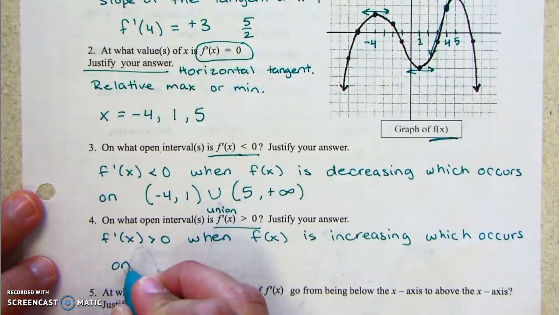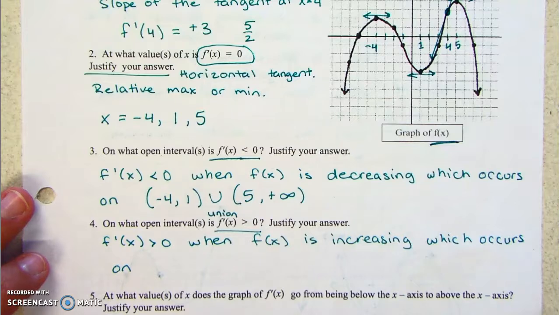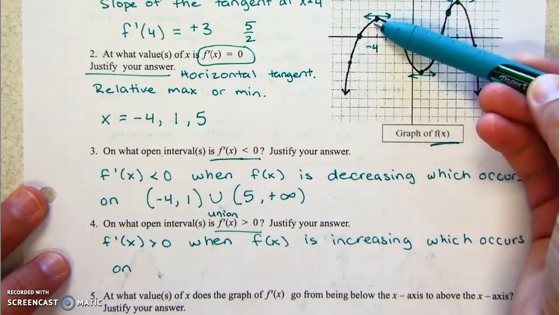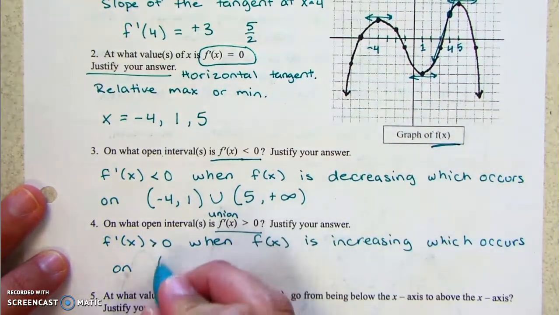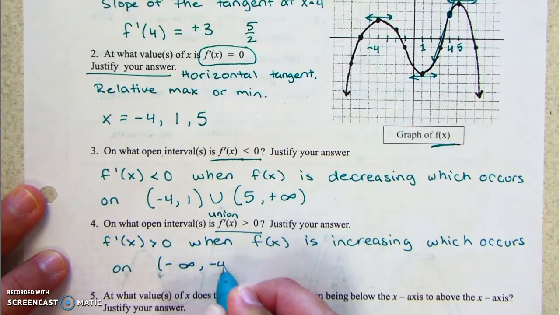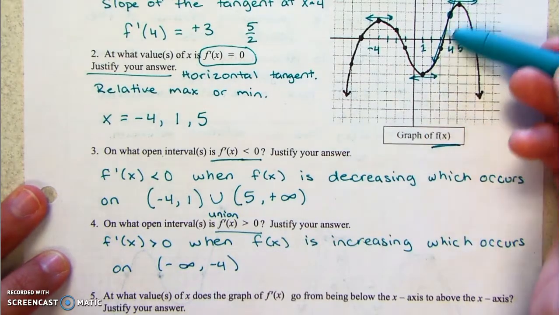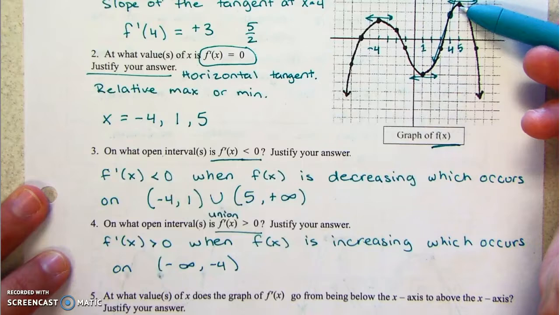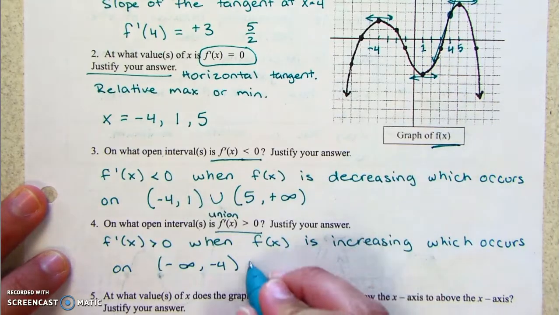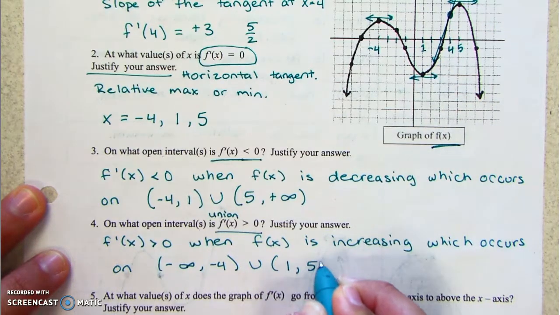So when is the function increasing? That's from -infinity to -4. And then between this min and the max, going from the min to the max, so that's x equals 1 to x equals 5.